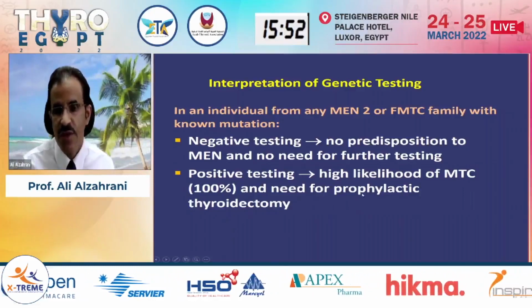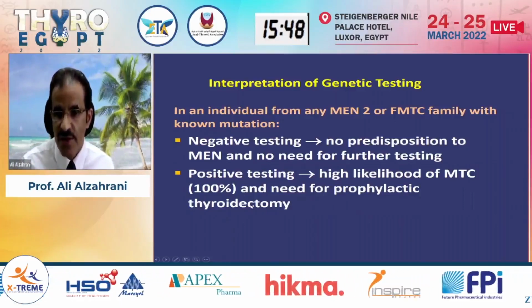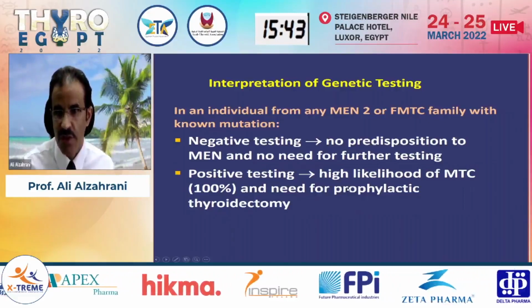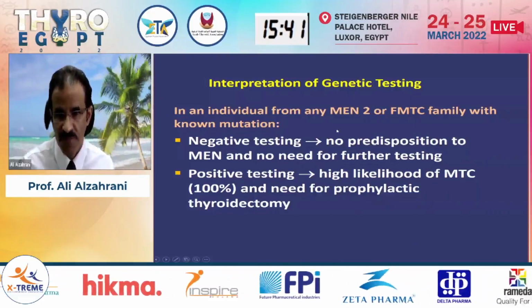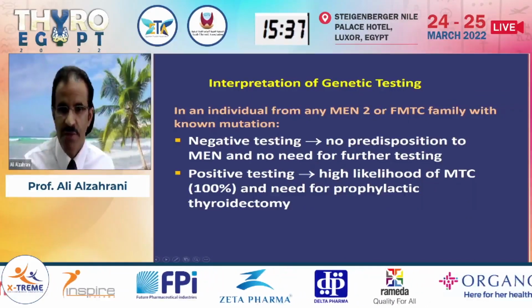And therefore, we come to the discussion of prophylactic thyroidectomy, removing the thyroid gland before the patient develops medullary thyroid cancer. So this is the very good thing about genetic testing in medullary thyroid cancer.